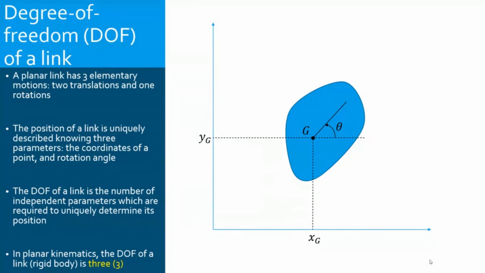The theta, the rotation angle, describes the elementary rotation of the rigid body. So for a rigid body, I need 3 parameters to describe in a unique way, to define in a unique way the position. That means that this rigid body has 3 degrees of freedom. Okay?